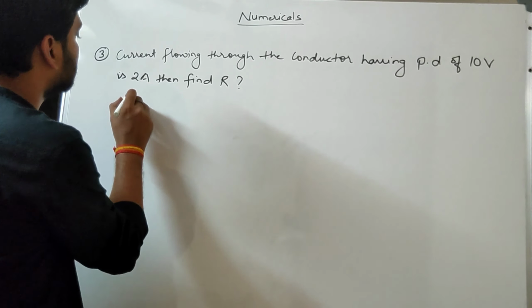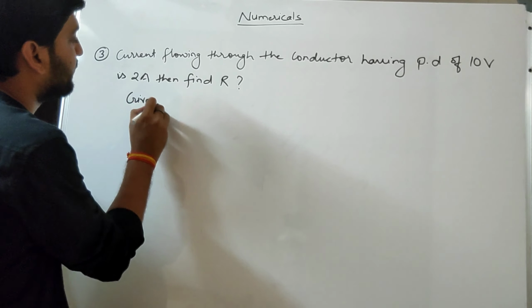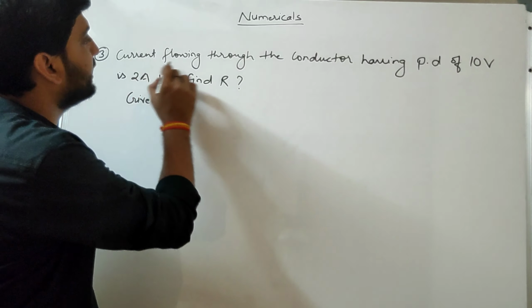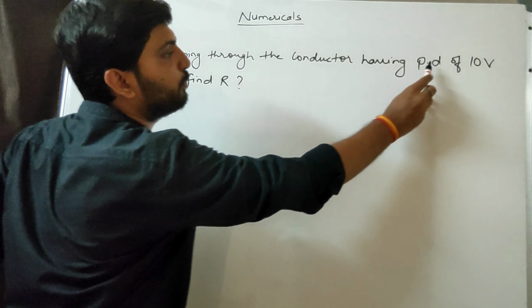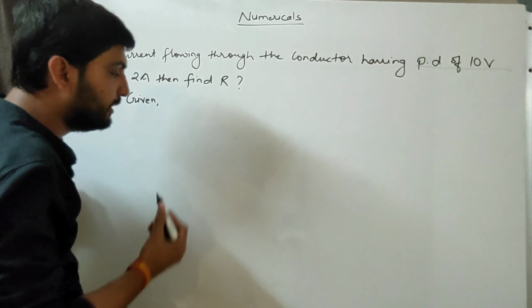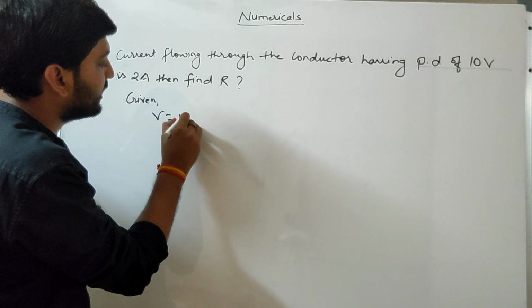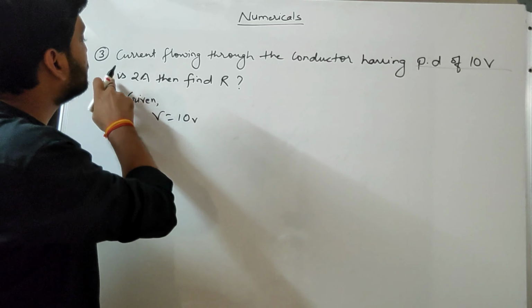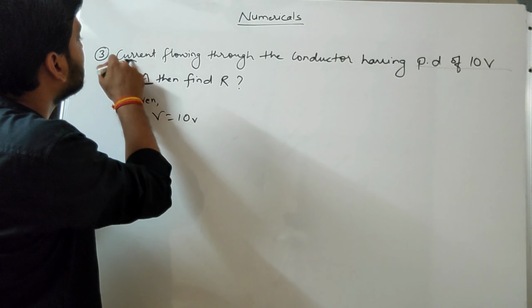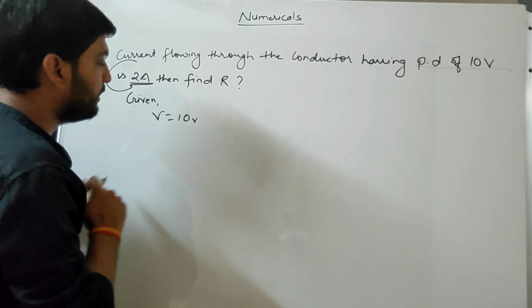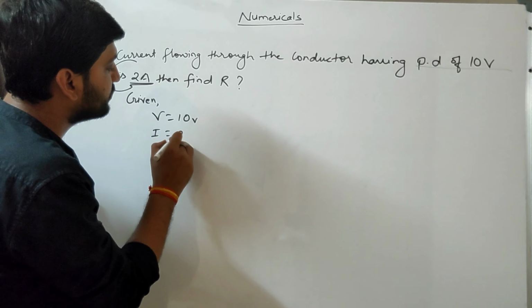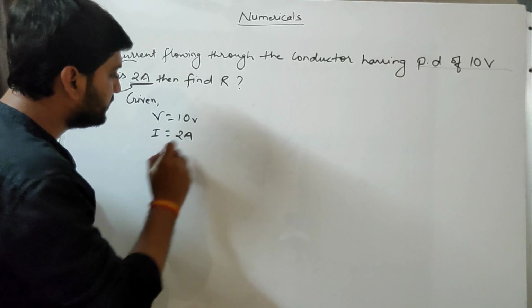See what is given. First we need to write the given. Current flowing through the conductor having potential difference 10 volt means V is given, 10 volt. 2 ampere is current, means I is given. What we need to find?